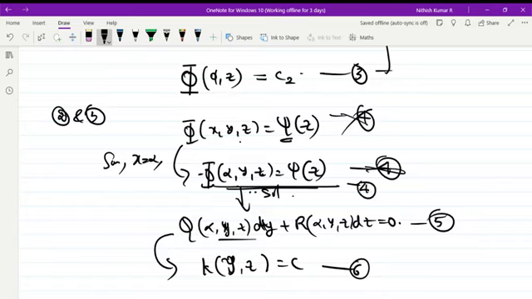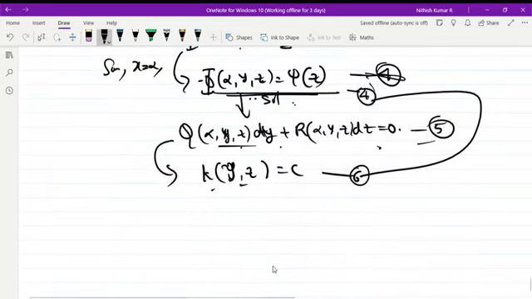Now this fourth one is the solution of equation number 5, as well as the sixth one is the solution of equation number 5. So 4 and 6 are the solutions of 5. Therefore, they must be equivalent.